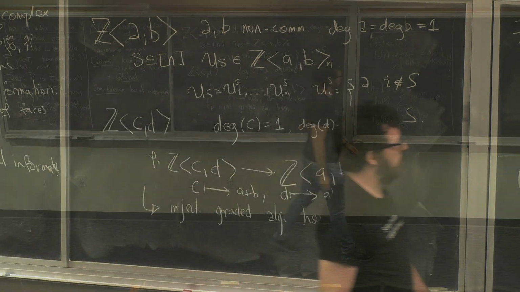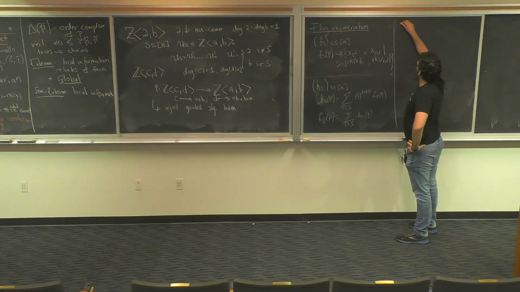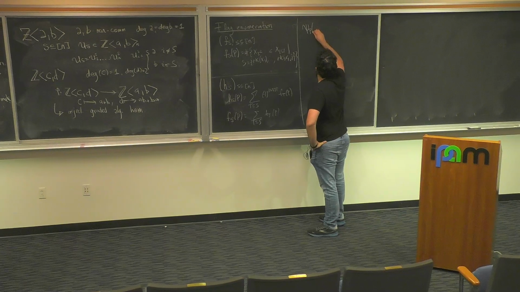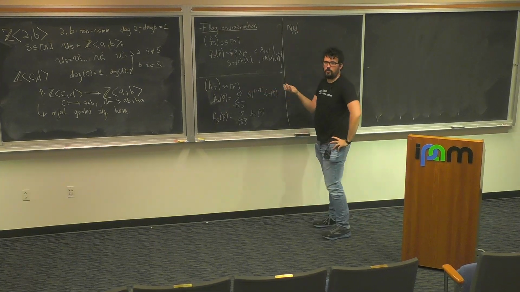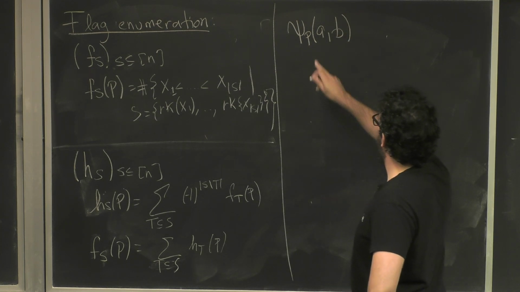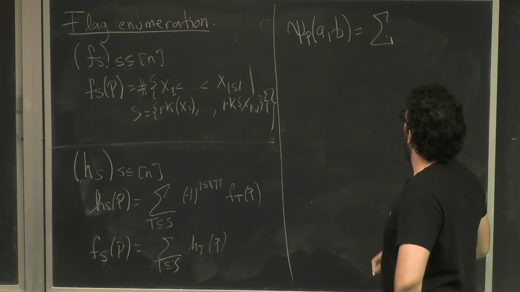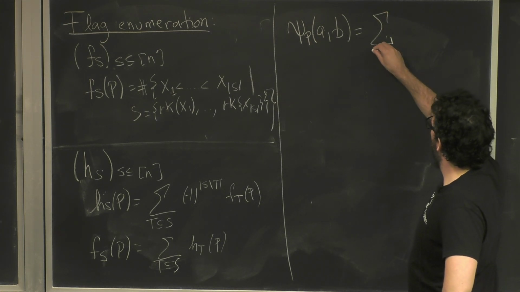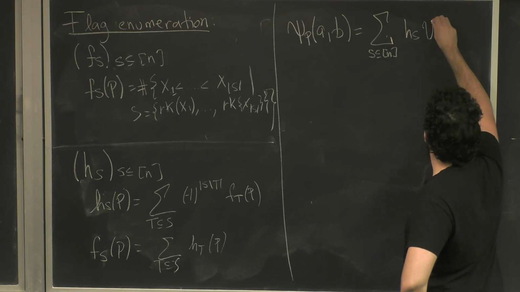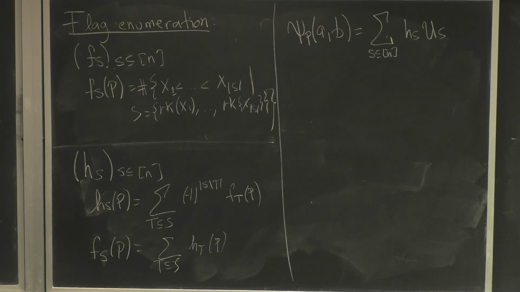And so what we're going to do is define an interesting polynomial, and I'm only going to do it for h's because it's more convenient, which I'm going to call psi of P. This is the sum over the subsets S of [n] of h_S times this monomial u_S, which I use to keep track of my h's.